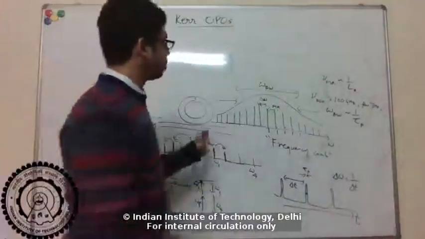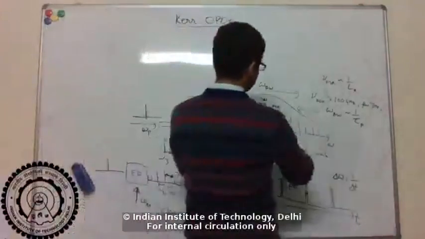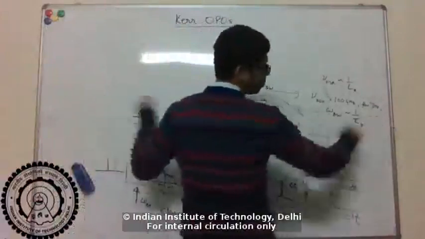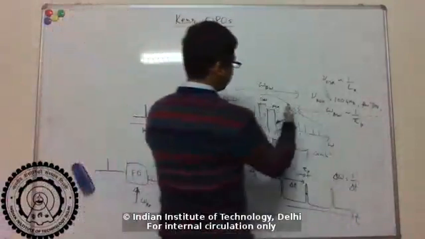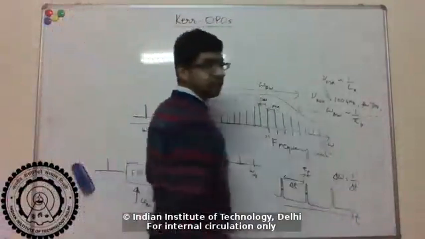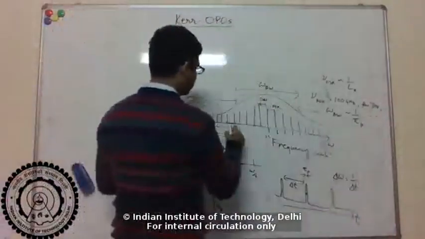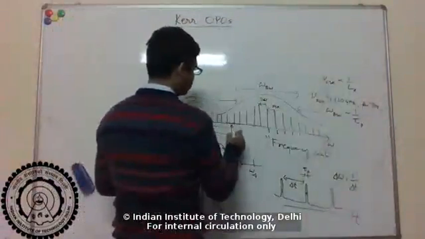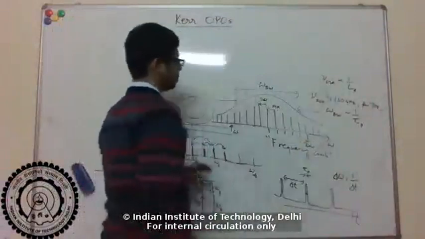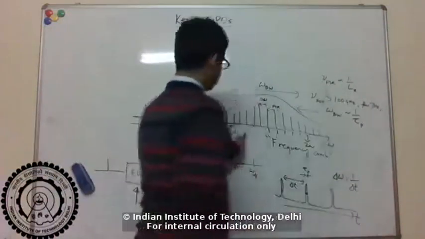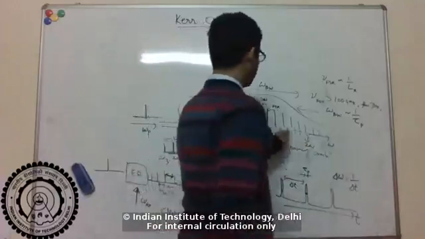The second is that people have shown you can cascade this and make this really wide bandwidth. So you can have this what is called octave spanning, which means this can span a frequency from, let's say, omega to 2 omega. So it goes from a particular frequency to twice its frequency.